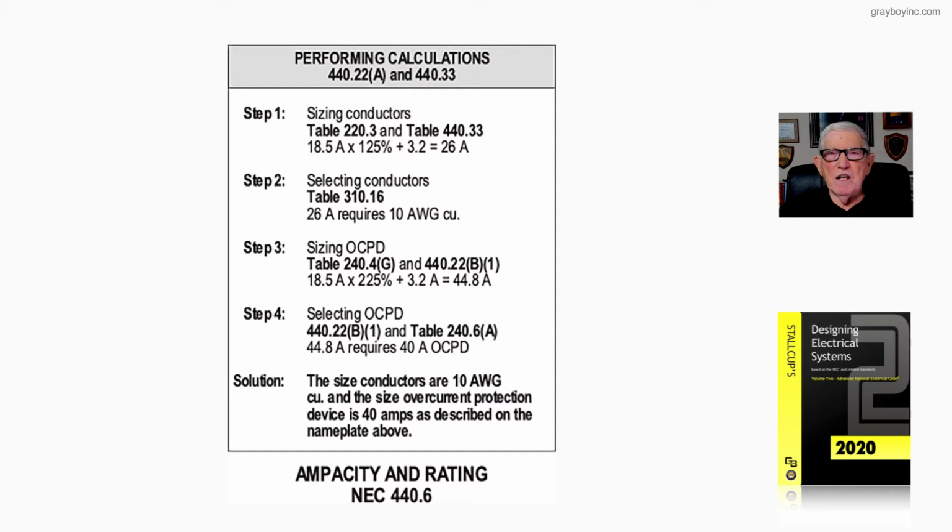Now it's not table 240.33, but section 440.33. When you do your math here, 125% of the compressor, 18.5 times 125%, plus 100% of the condenser motor, 3.2, we come up with 26 amps as outlined in 440.33.